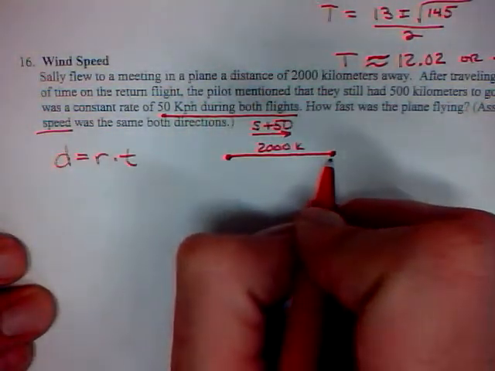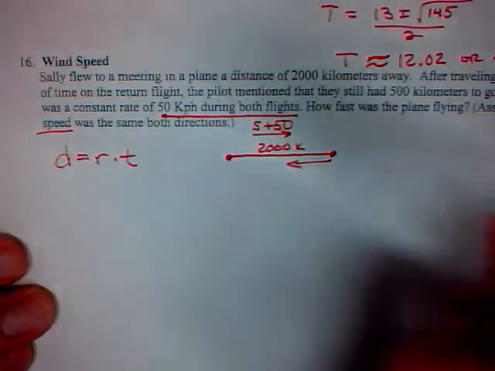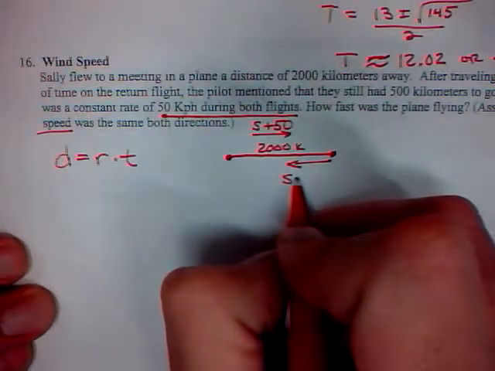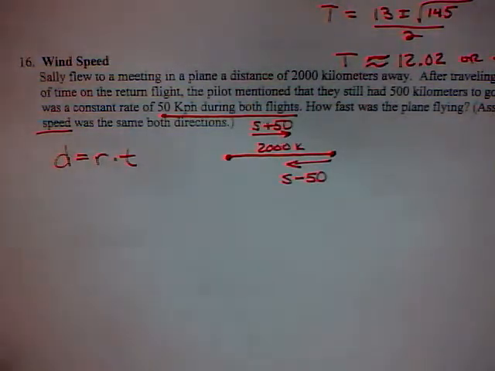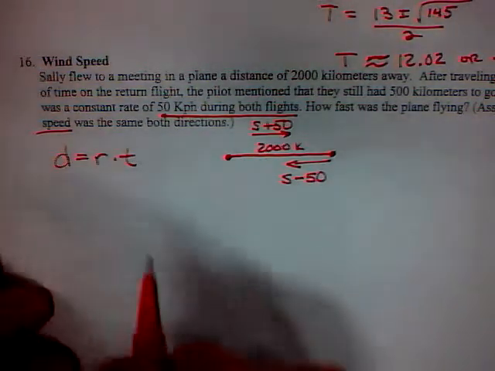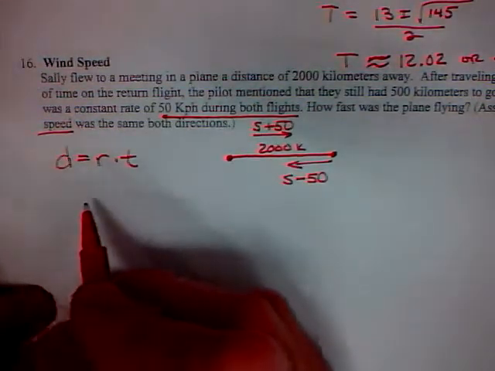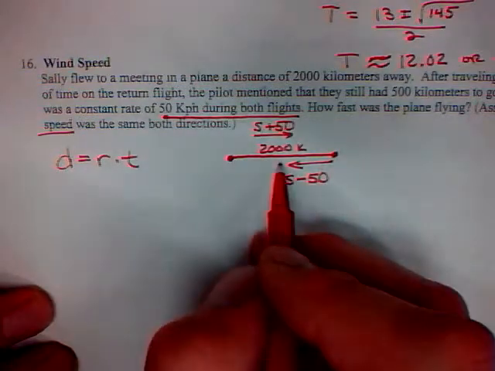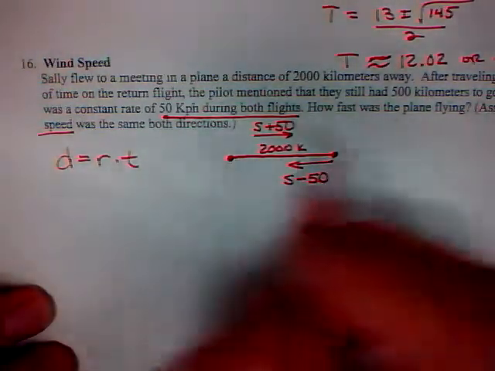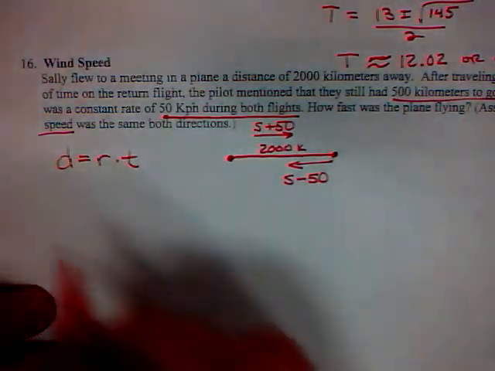But on the return flight back, you had the speed of the plane minus 50 kilometers per hour, because you're going to go slower on the way back. Okay. So now we are told that the time is the same, because over the same period of time, they still had 50 kilometers to go.